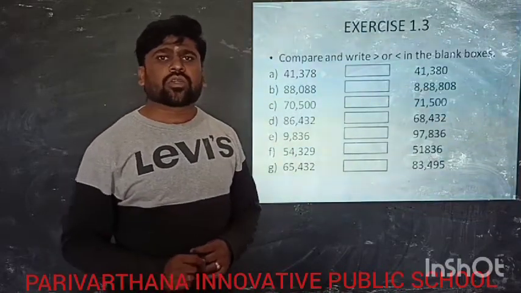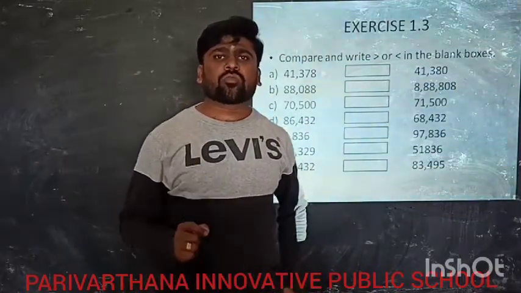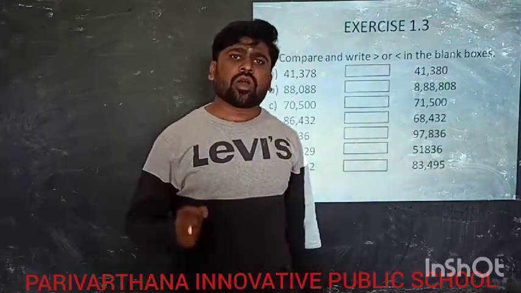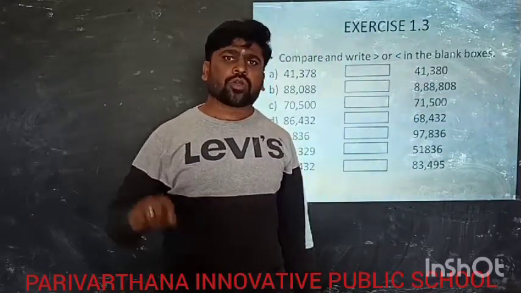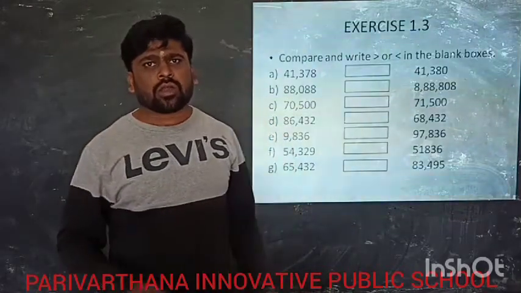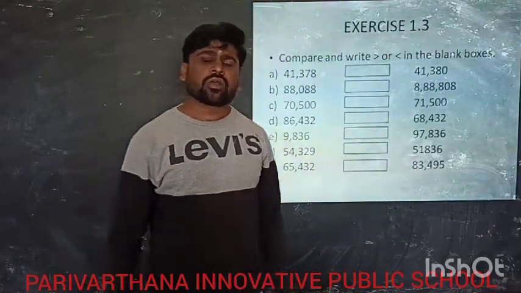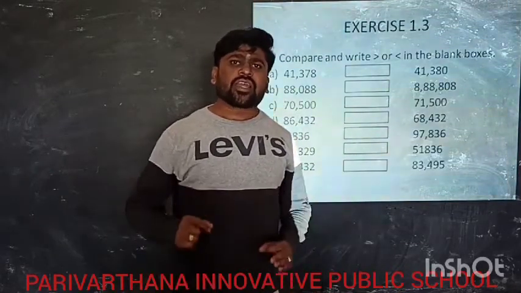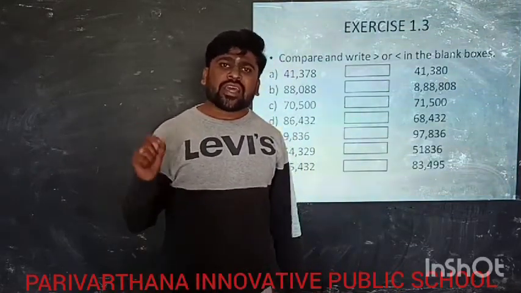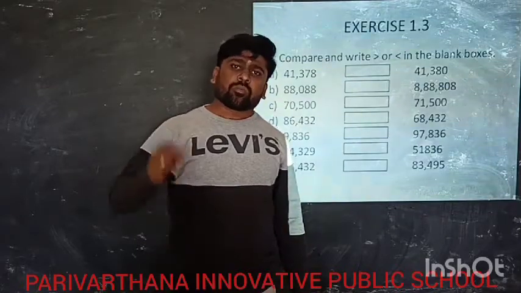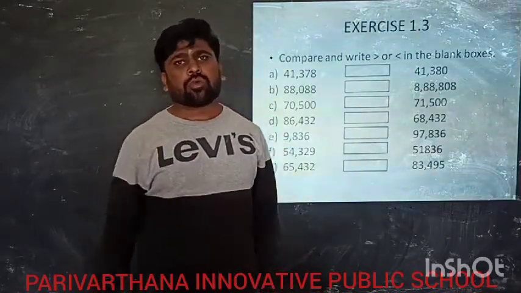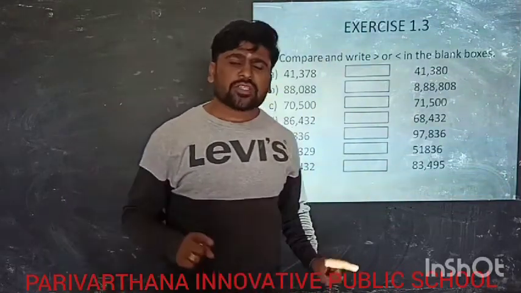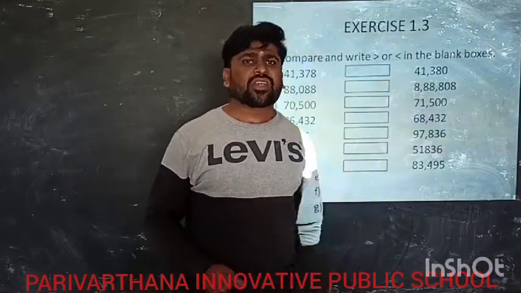Ascending order is nothing but arranging numbers from small number to big number. And the same way, descending order is arranging the numbers from big number to small number. Up to this we have discussed in the previous class.